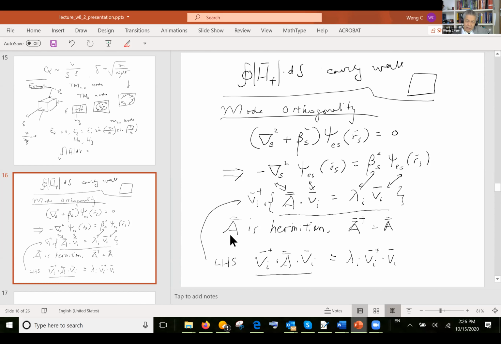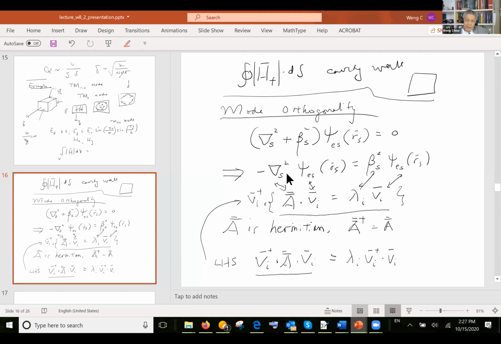Another property of a Hermitian matrix is that this thing is also always real. It's written in most linear algebra books. I can prove it to you easily, but I don't want to spend the time proving it. So if this is real, the eigenvalues are always real. The eigenvalue of a Hermitian matrix system is always real.